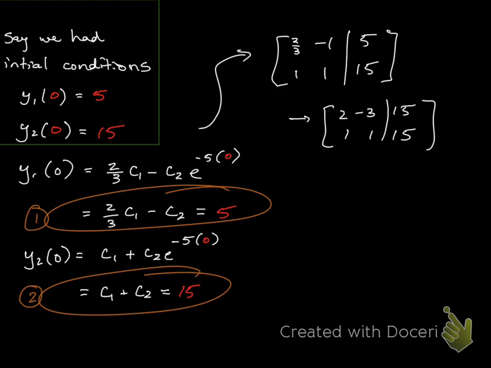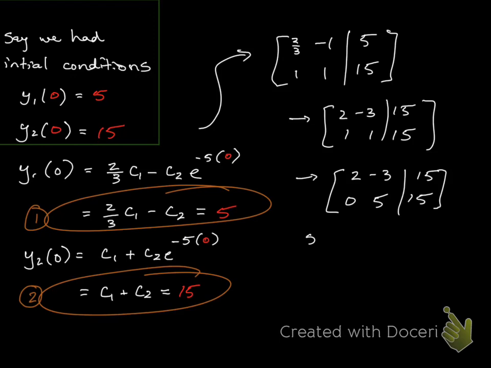And I can then eliminate the second row, or part of it. I can eliminate below the 2 by multiplying the second row by 2, 2, and then 30, and then subtracting 2 times the first row from the second row. That's what I end up with there, that 2, minus 3, 15, 0, 5, and 15.